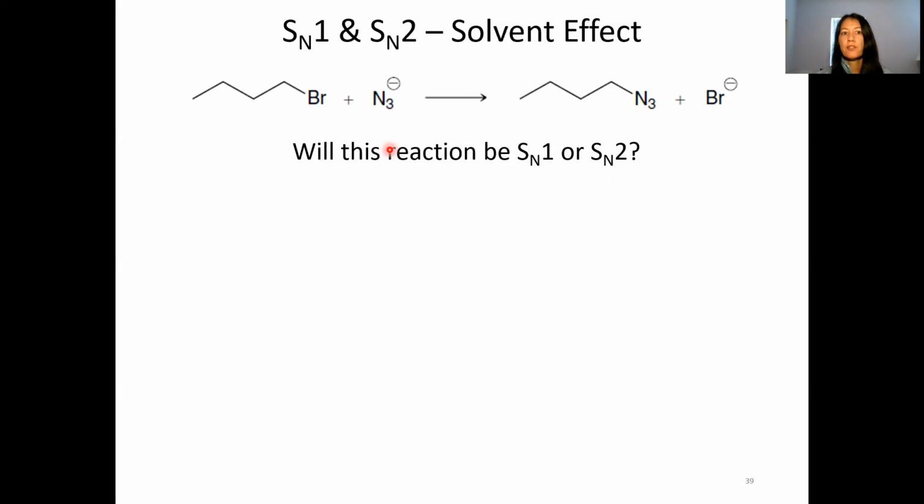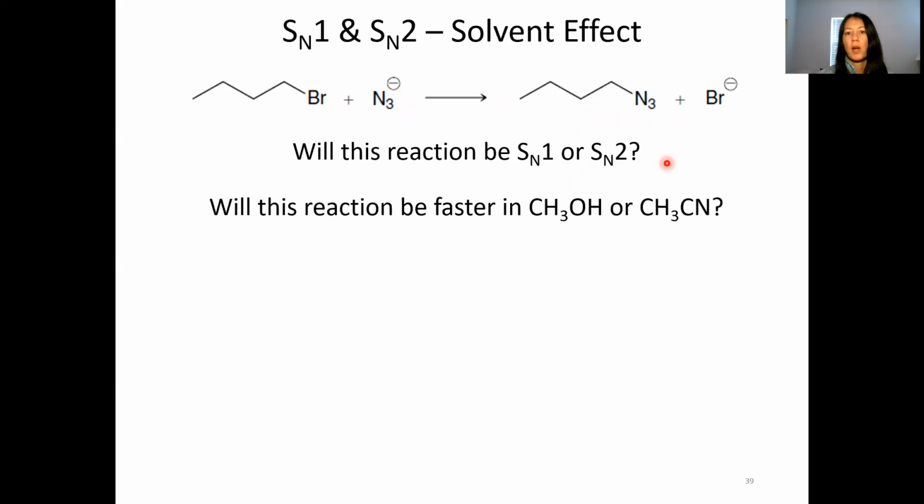The main reason is for an SN1, you want a stable carbocation, like a tertiary carbocation, or maybe a benzylic or allylic. So this will proceed in a substitution to give your alkyl azide, but it will likely be an SN2 mechanism versus SN1.